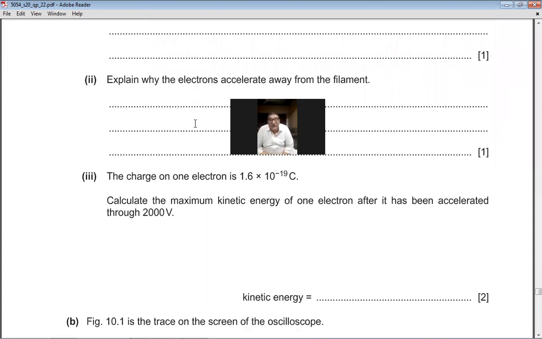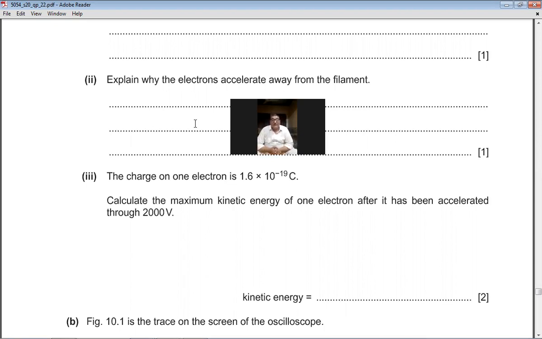In the CRO, we use an anode, and that anode is positively charged, and it is at a very high voltage. It said 2000 volt. So the anode is positive, and the electrons have negative charge on them. The opposite charges will attract each other, so the electrons will be accelerated towards the anode.